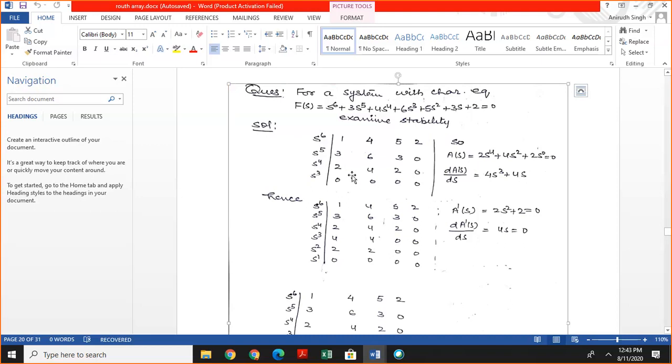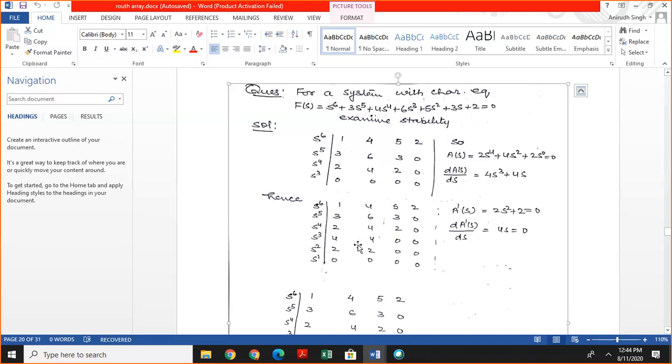So the auxiliary equation is 2s raised to the power 4 plus 4s square plus 2 is equal to 0, and differentiate this auxiliary equation with respect to s. These are the coefficients of s raised to power 3 row: 4 and 4.